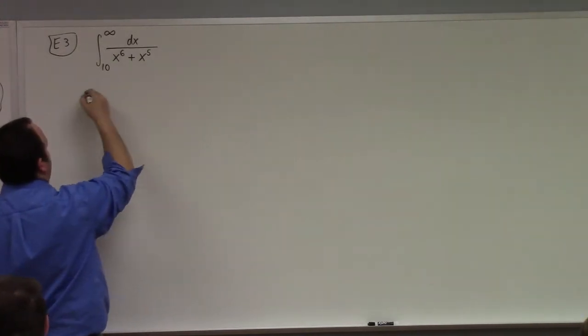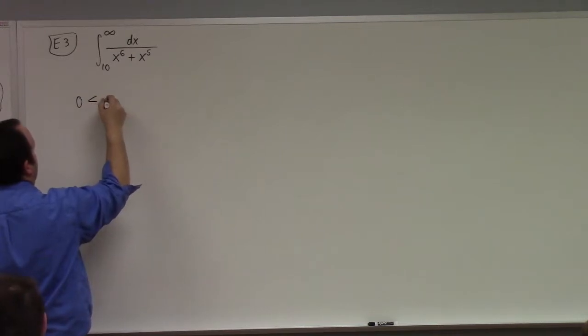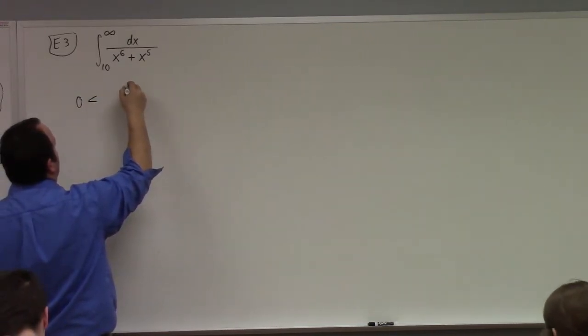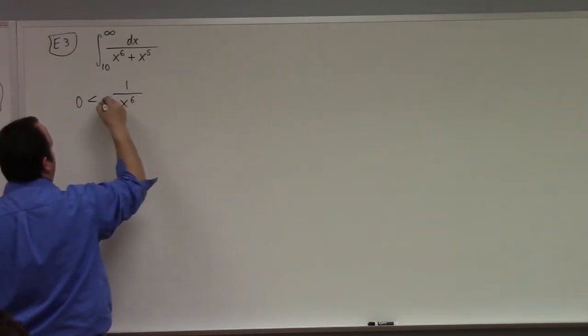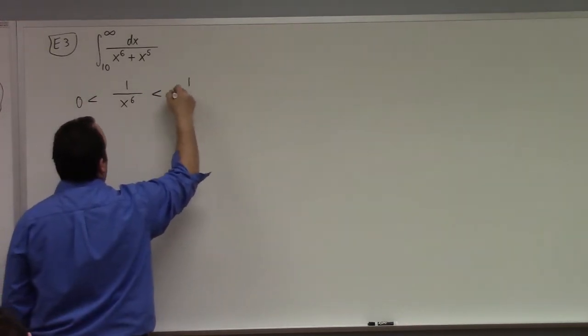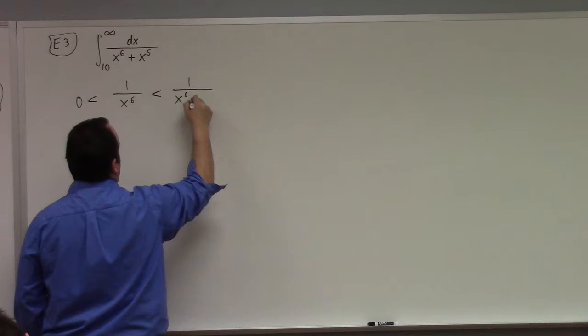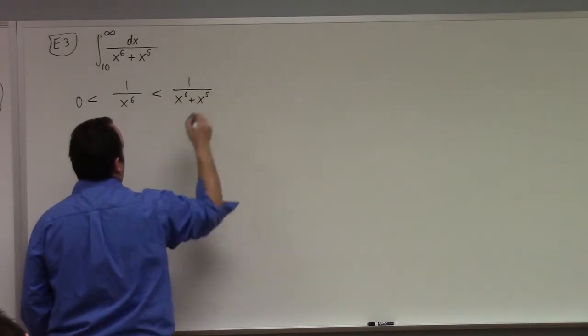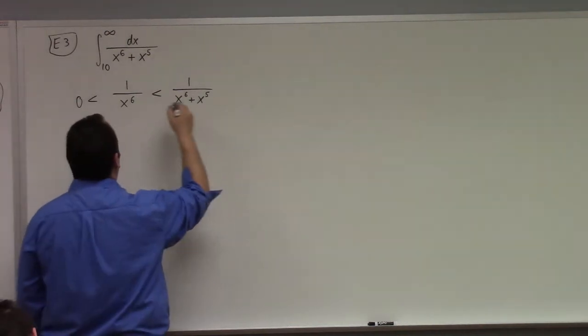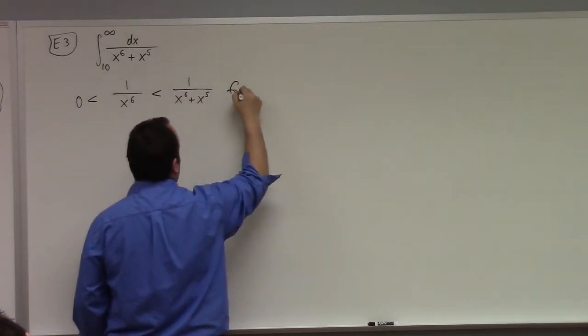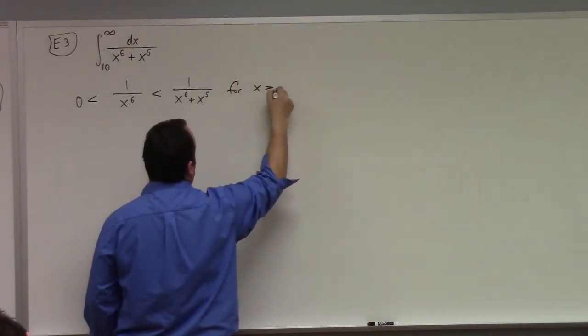So I'm going to try a comparison. I'm going to say 0 is less than 1 over x to the 6th, right? And that's less than 1 over x to the 6th plus x to the 5th. Certainly that's true for x greater than or equal to 10.